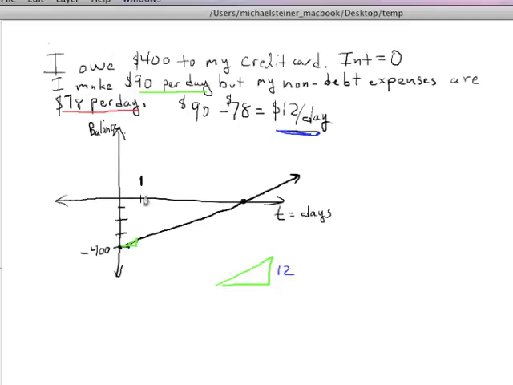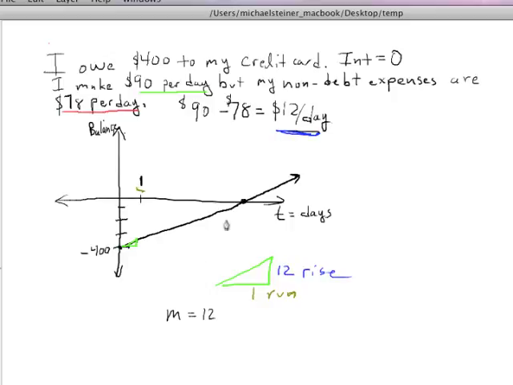Let's use dark yellow. 1 day. So we have a rise over run. We have 12 over 1. So we have a slope now. Our slope is equal to 12.